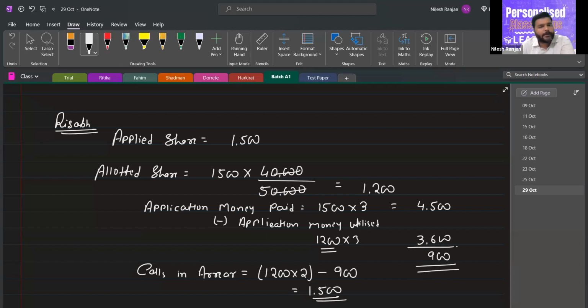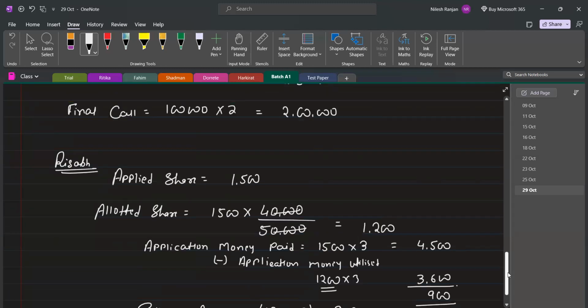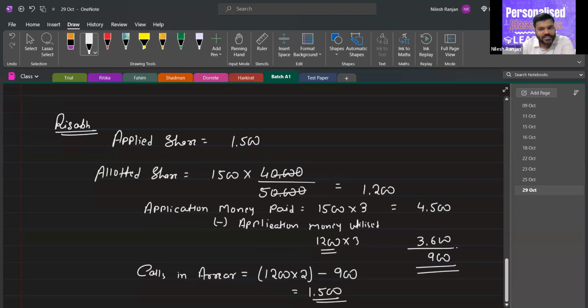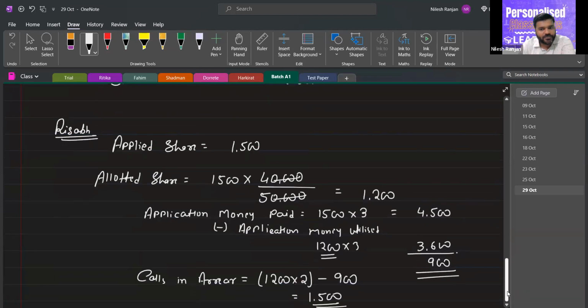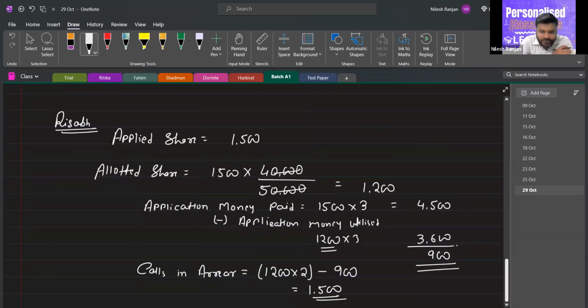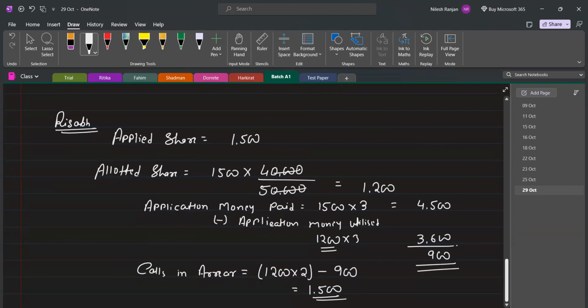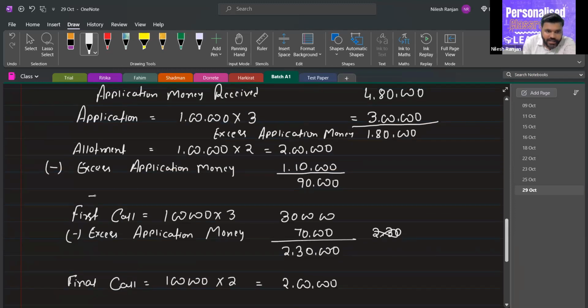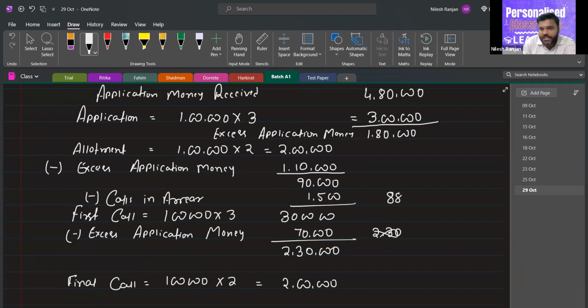Is this clear? Yes, sir. Okay. So 1500. Now that's why I have left this space. Call in arrear on allotment is 1500. So only the balance amount, that is 88,500, we will receive. Is this clear?